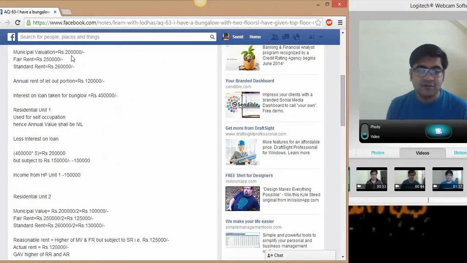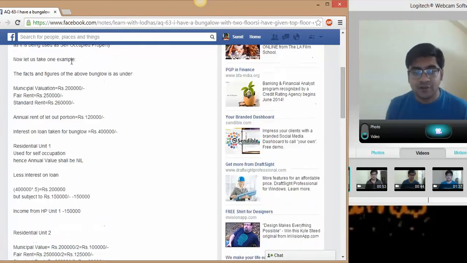Now let us have some figures. Municipal valuation of both floors together is 2 lakh, fair rent is 2 lakh 50,000 and standard rent is 2 lakh 60,000. Annual rent of the let out portion is 1 lakh 20,000. Interest on the loan for the whole bungalow is 4 lakh.